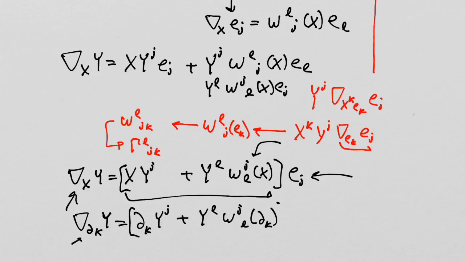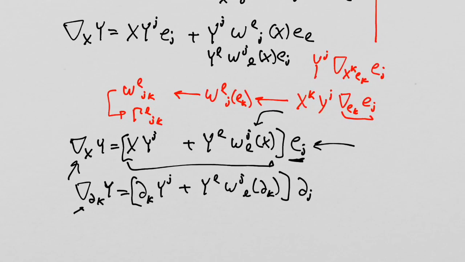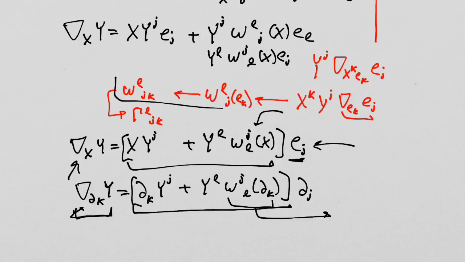Then this presumably would now be in the basis. Now this e_J becomes partial_J. And the whole point is that this thing here is the jth component of this vector. And this guy here, using our other notation, becomes omega^L_J_K.